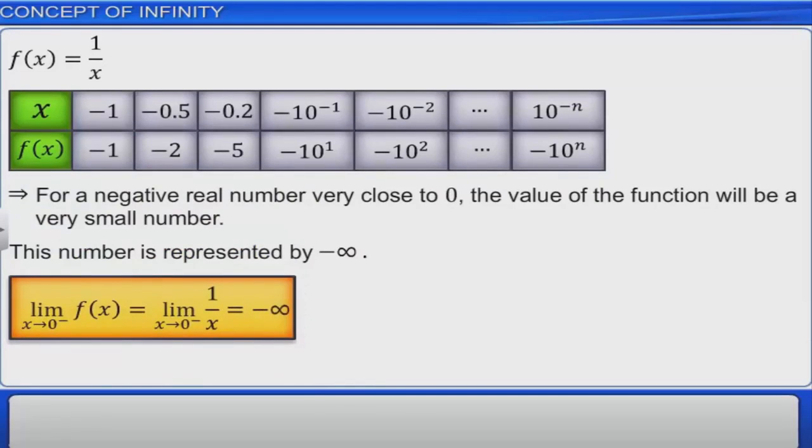Minus infinity is not defined. Hence, we can say that the left-hand limit of the function f of x at 0 is not defined or does not exist. The graph here depicts the graphical representation of function 1 divided by x.